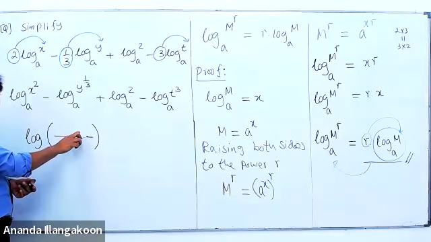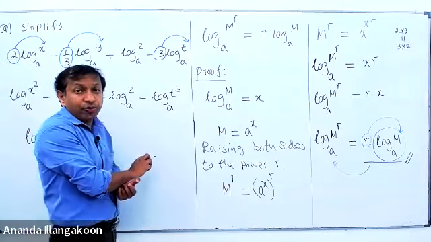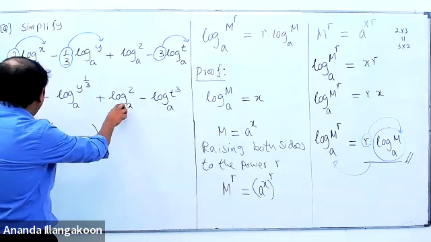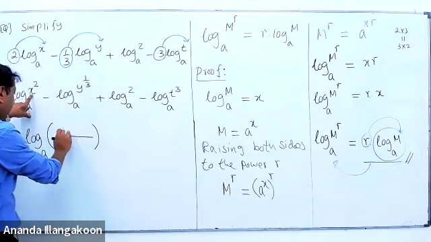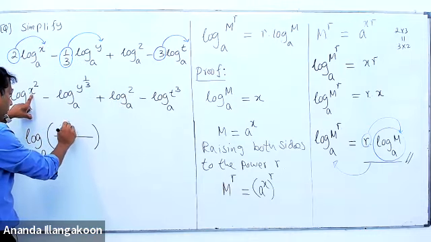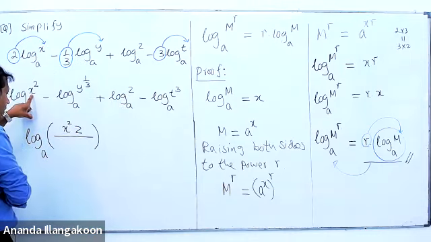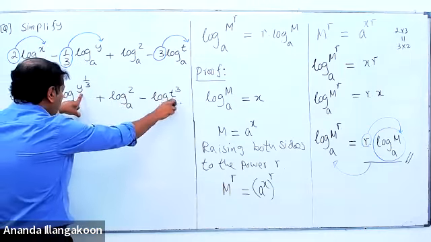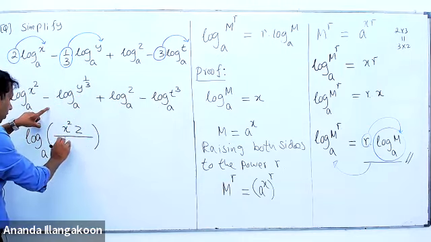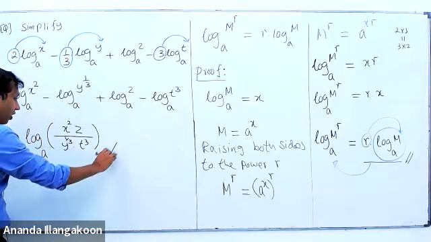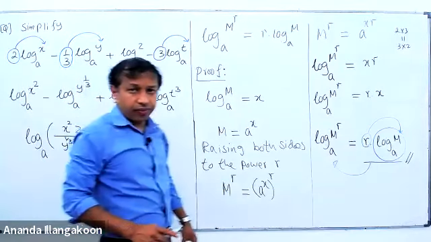In the numerator we write the positive log terms. What are the positive log terms? This is positive, this is positive: x squared and z. We have to write them as a product. In the denominator we write the product of the negative log terms, y to the power 1/3 and t cube. This is how we simplify this. Understood? Yeah.